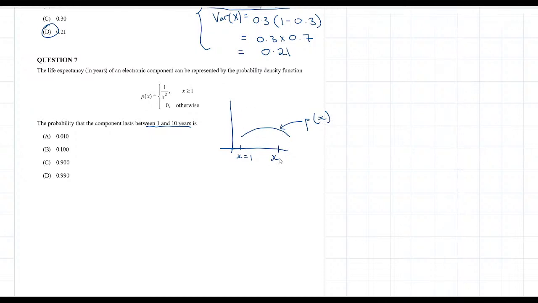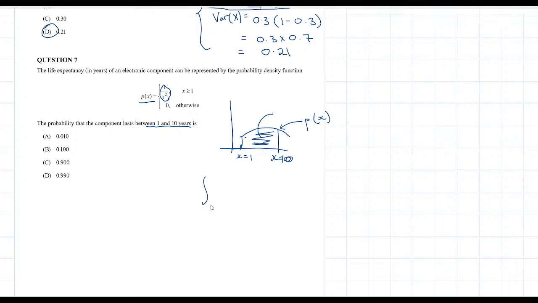Let's say this is x equals 10. So the probability that the component lasts between 1 and 10 years will be given by this area under the graph, between 1 and 10. And the graph is p of x. So to get the probability, we have to integrate this function between 1 and 10 and just find that answer.